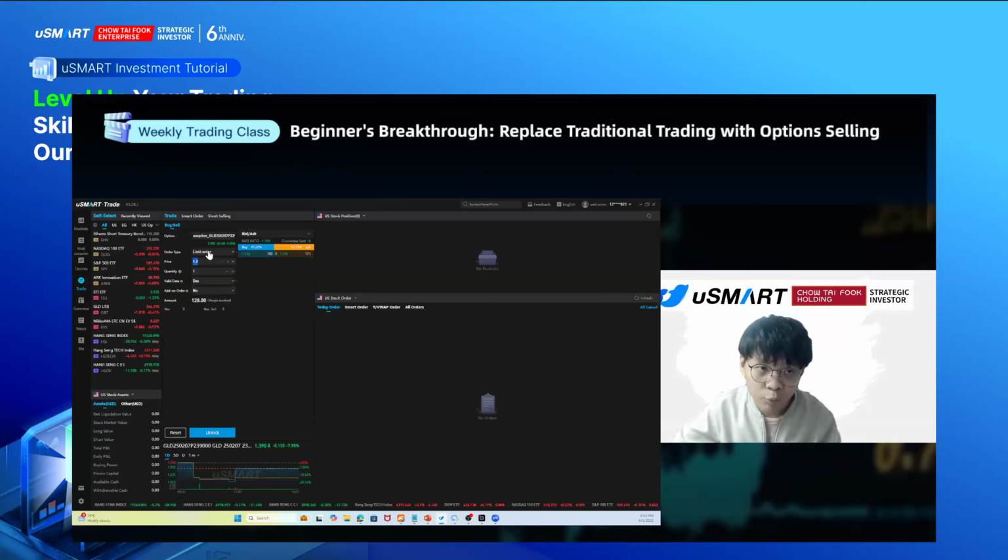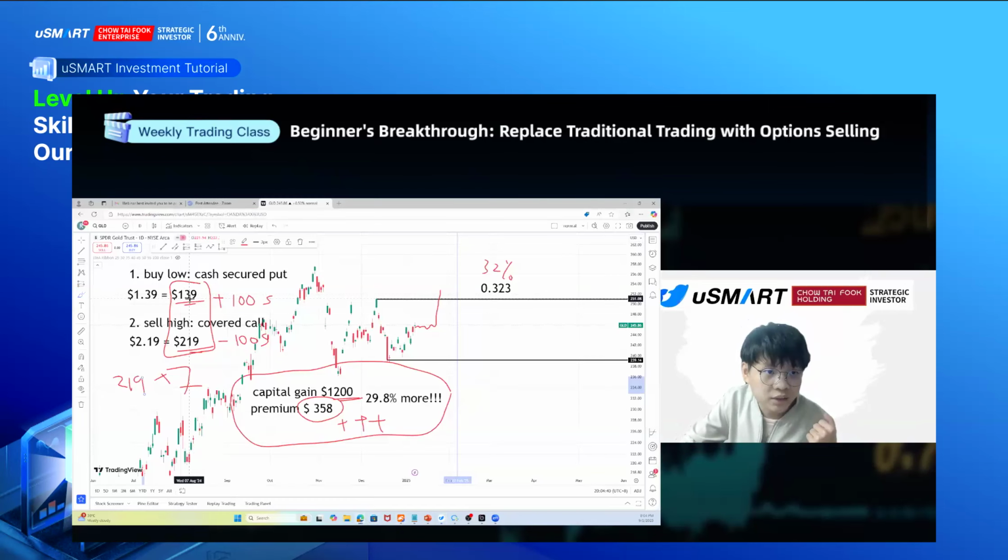If I am very ambitious and really desire to get into this position, I will directly go to the market order. Then it will take this number, 1.17. So if you take 1.17, then this number is equivalent to 117 instead of 139.